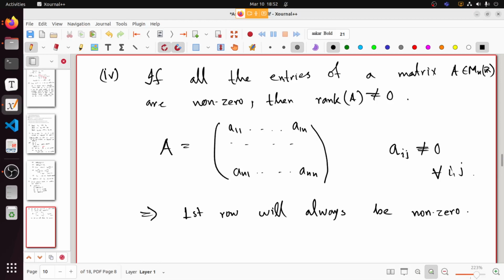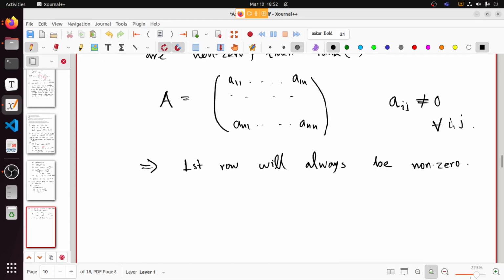Even if the other rows are dependent and we make them 0 when we do the reduced form, at least you will get one row which is non-zero. The rank of A is given, in the reduced form, by the number of non-zero rows.